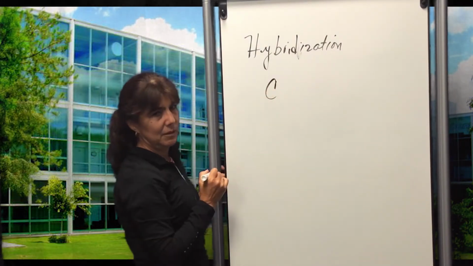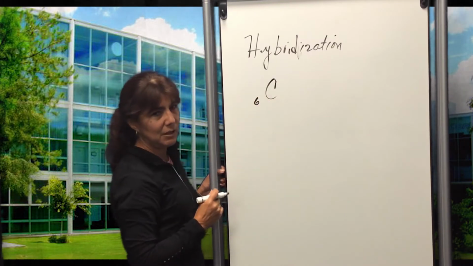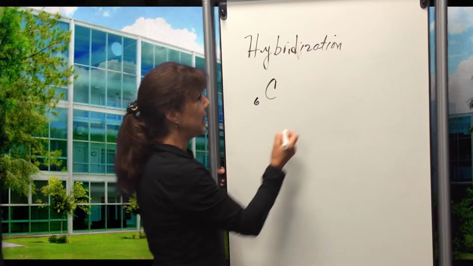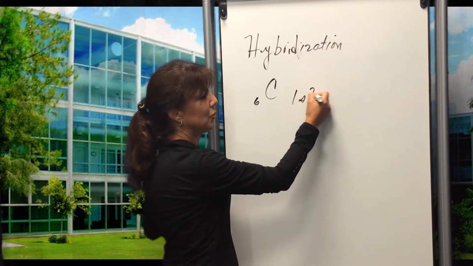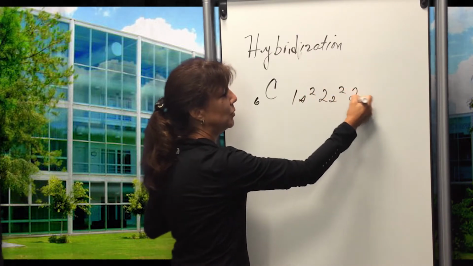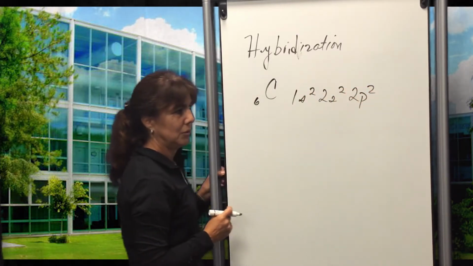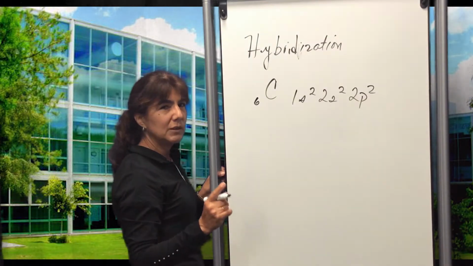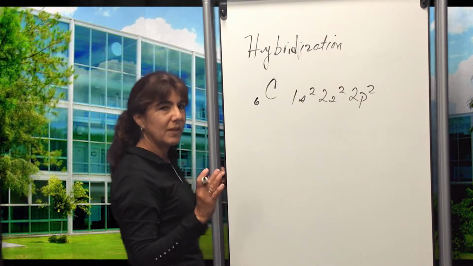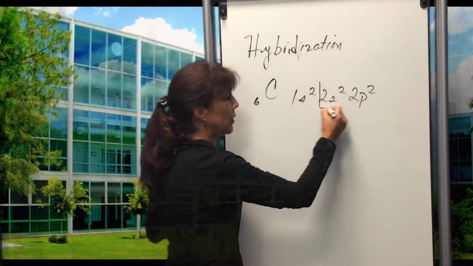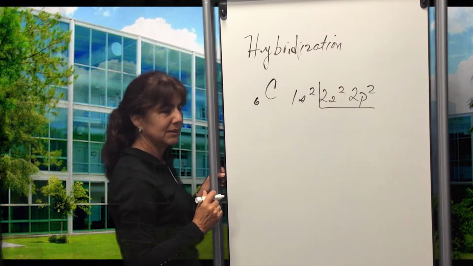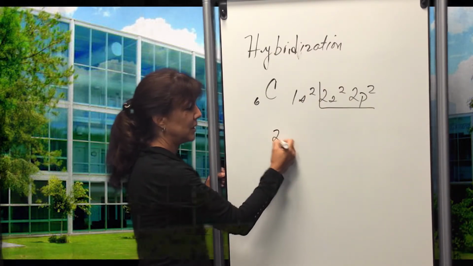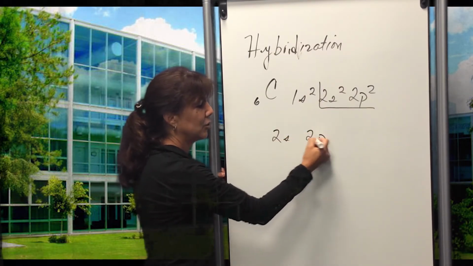The carbon atom, atom number 6 in the periodic table. Its electronic configuration is 1s2, 2s2, 2p2. If we want to work only with the valence electrons, we're using the electrons in the last period. So this is 2s and 2p.